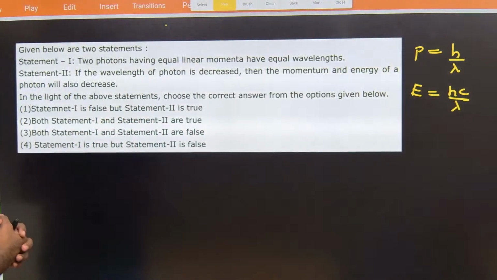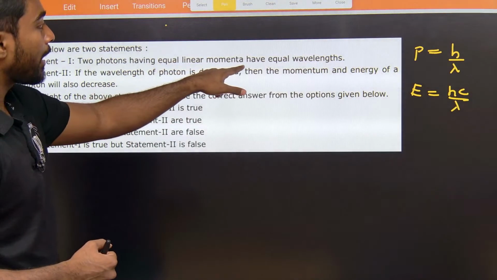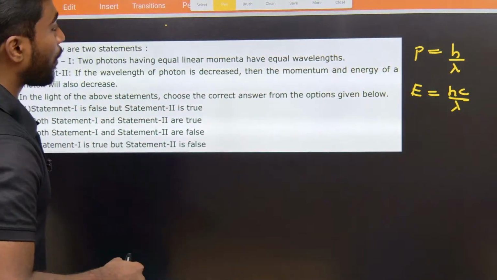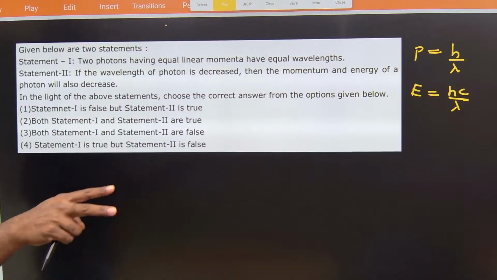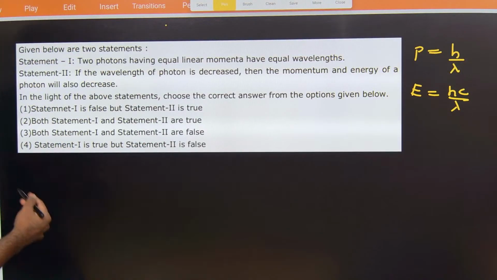Now read statement 1: two photons having equal linear momenta have equal wavelength. So what should I do? They are asking about equal momenta and equal wavelength.